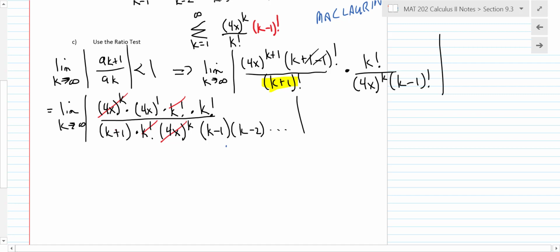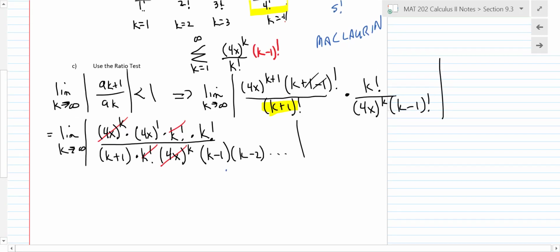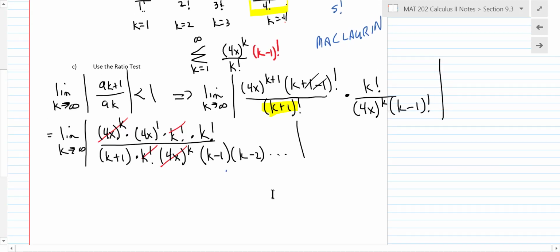So I think I'm missing some little thing somewhere, because I was kind of getting in a hurry to get this done. So let's see. Another one. K minus 1 factorial is k minus 1 times k factorial? No, because that would be the plus one.